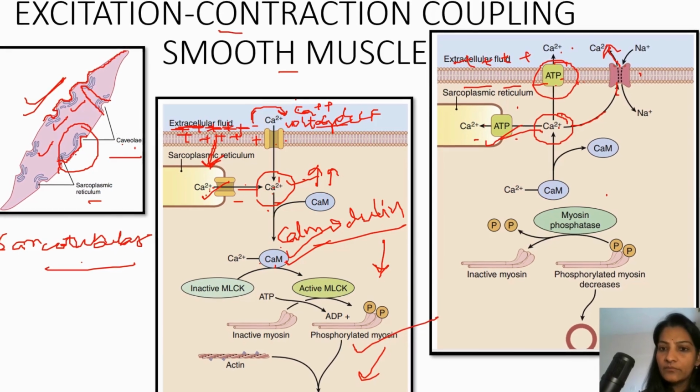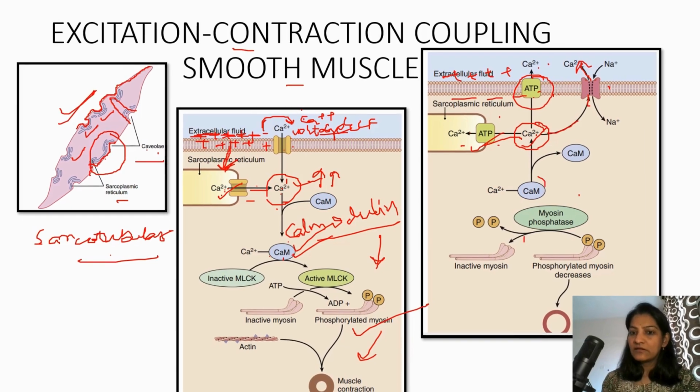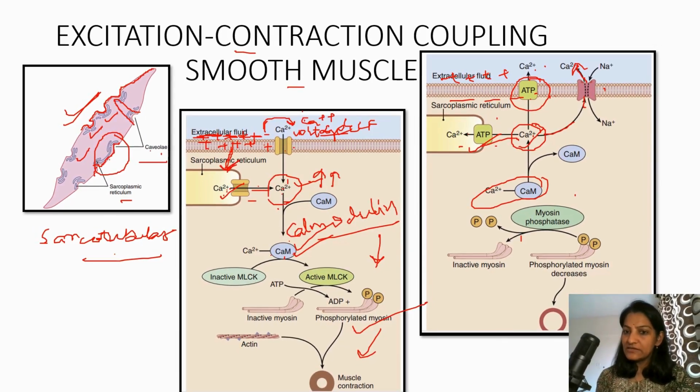And here, because of the less availability of the calcium ion, this complex is dissociated, and that will lead to the dephosphorylation of the myosin chain, which will lead to the relaxation of the muscle.